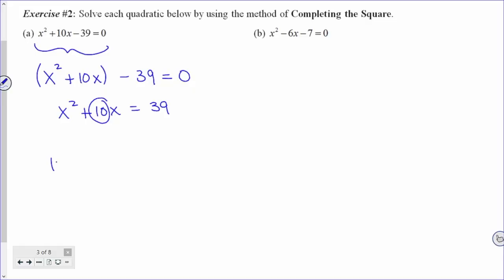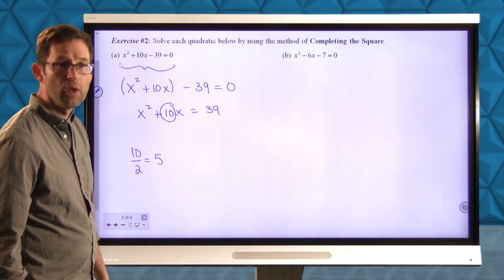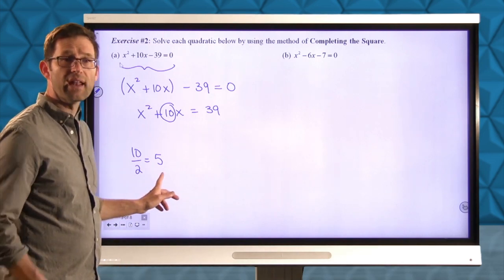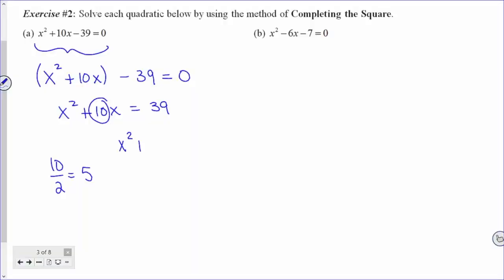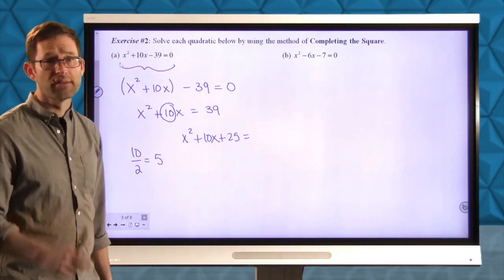So you take 10, you divide by 2, and you get 5. You then square it and add it on. So I do x squared plus 10x plus 25. But an equation is a balancing act.